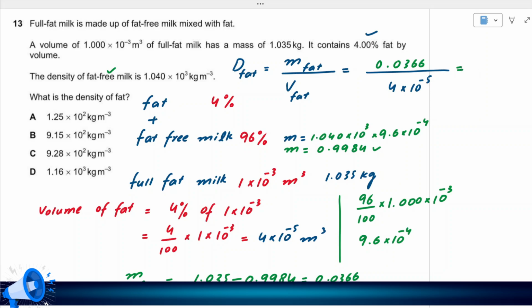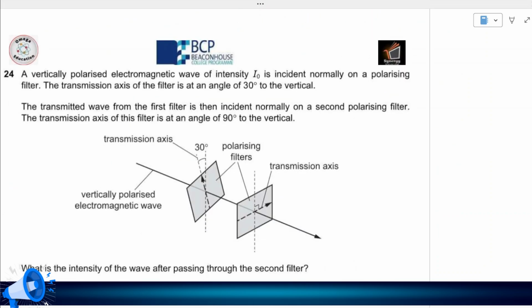Now we divide these two on the calculator, and what we get is 915, which can also be written as option B in 3SF. So the most advanced questions from this topic could look something like this. Let's move on to the next one.